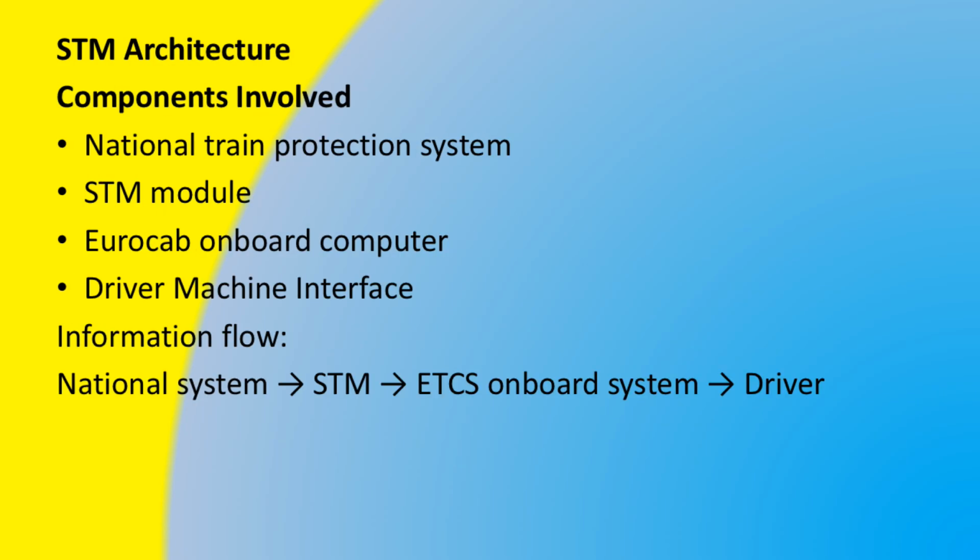STM architecture. Let us briefly look at the system architecture. The system consists of the following main components. First, the national train protection system, which provides signaling information. Second, the STM module, which acts as the translator between the national system and the ETCS onboard equipment.